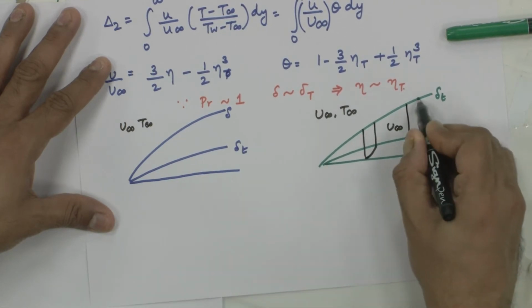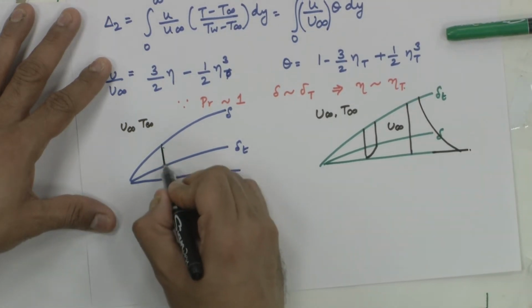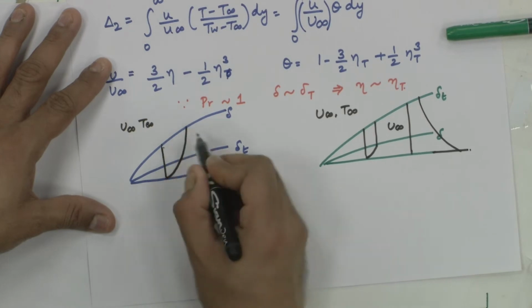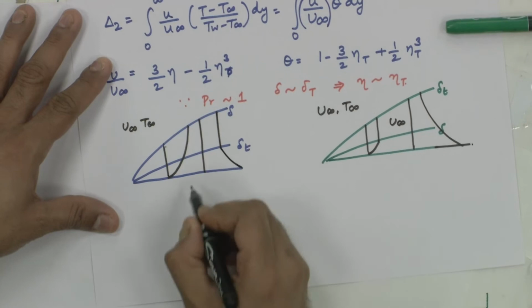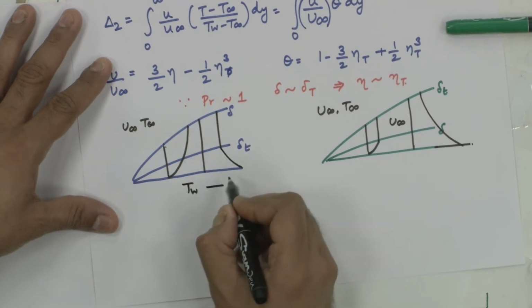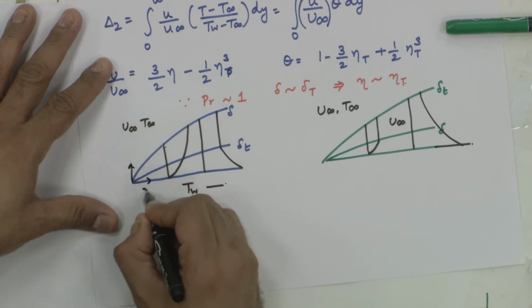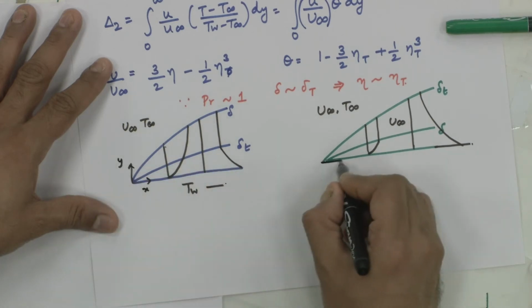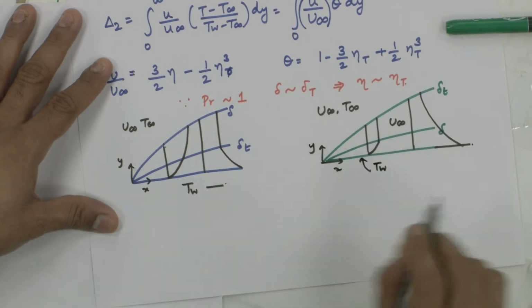T infinity would do this. Here I would have this one, and energy equation has to be solved only in this part. This is T wall here, x and y, this is T wall.